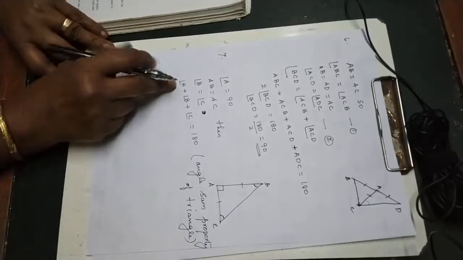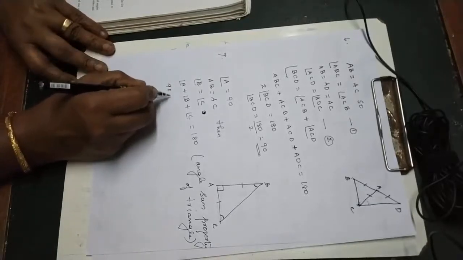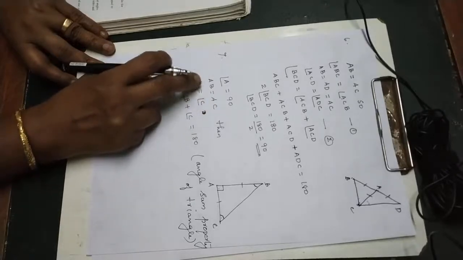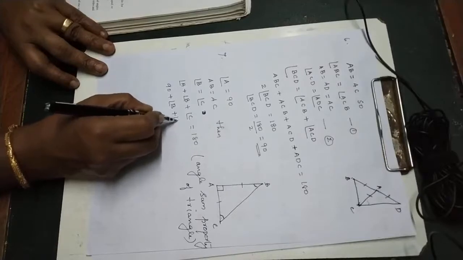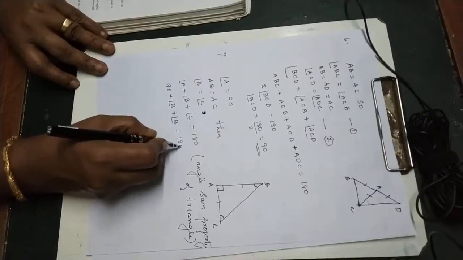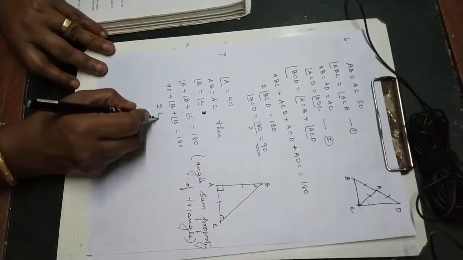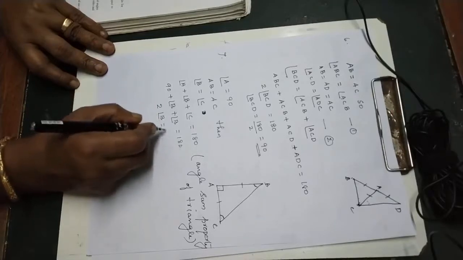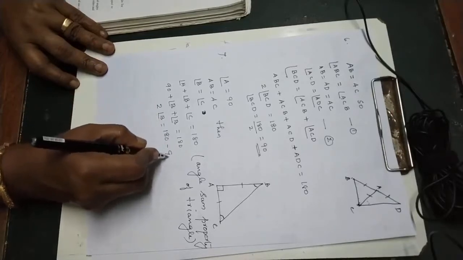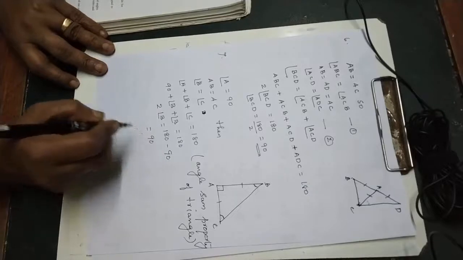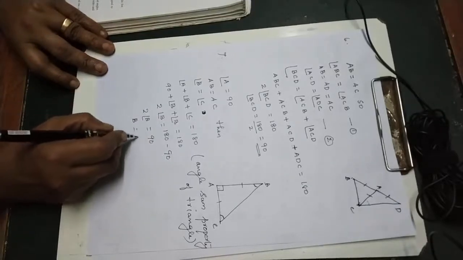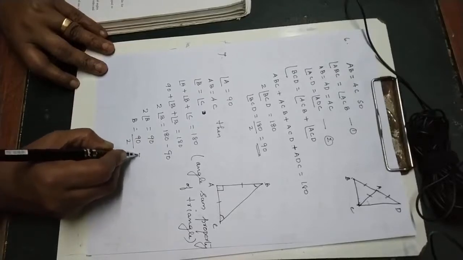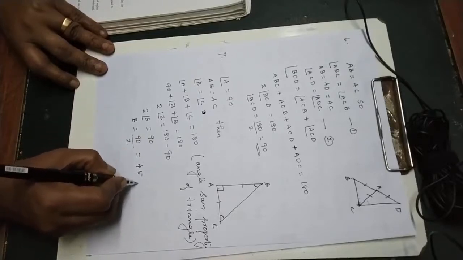What is angle A? That is 90 degree. Instead of C you can write B itself. So angle B plus angle B, that is equal to 180, or 2 times angle B equal to 180 minus 90, that is equal to 90, or B equal to 90 divided by 2, that is equal to 45.